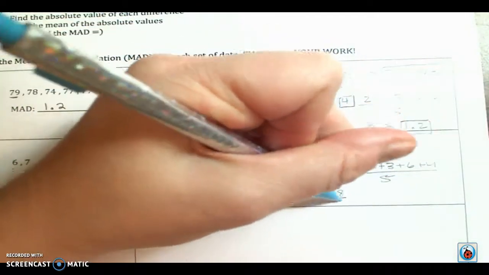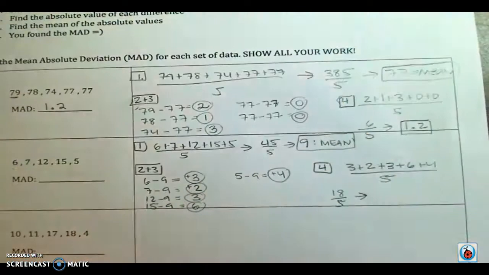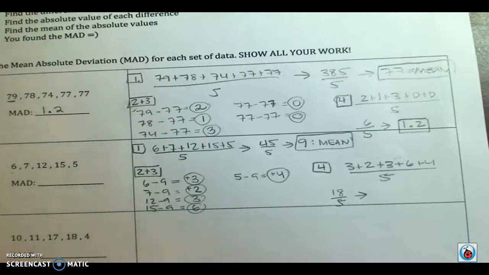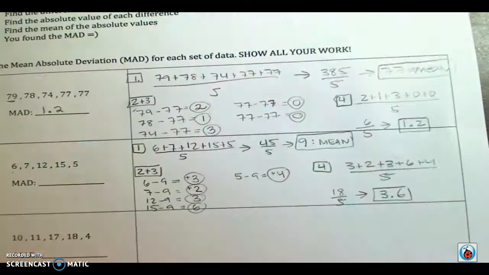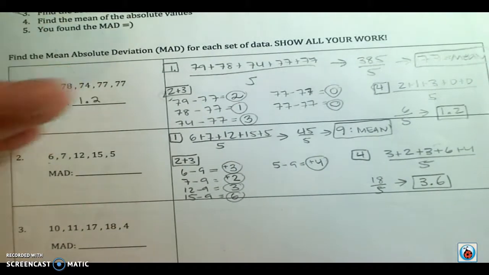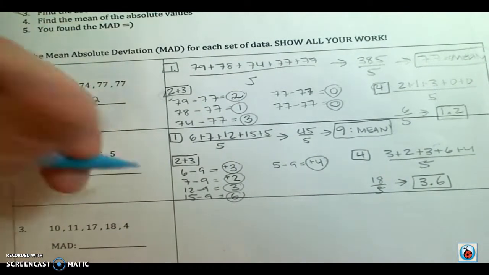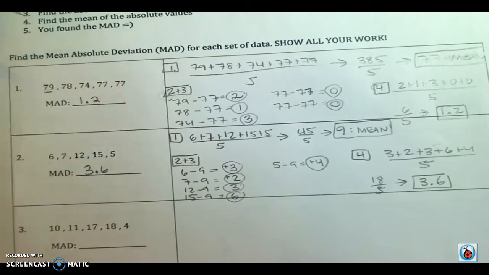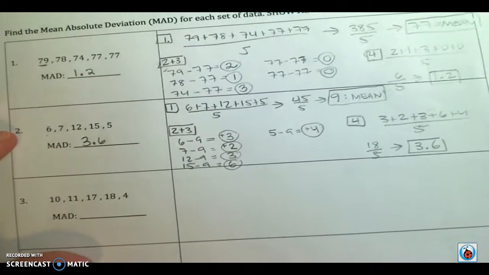So I have 18 divided by 5. Go ahead and put that into your calculator, and you get 3.6. A little bit higher. Again, the further you get from 0, the less consistent your data is. So that's what we use the MAD for.